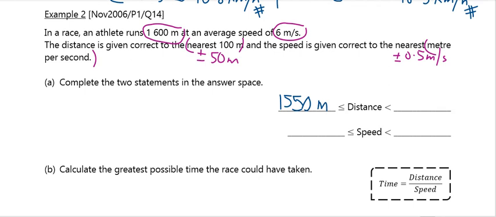And the upper bound for distance is 1,600 plus 50 meters, so 1,650 meters. For the lower and upper bound for speed, it is 6 plus or minus 0.5. So 6 minus 0.5 gives you 5.5 meters per second, and the upper bound for speed is 6.5 meters per second. Okay, you completed A already.